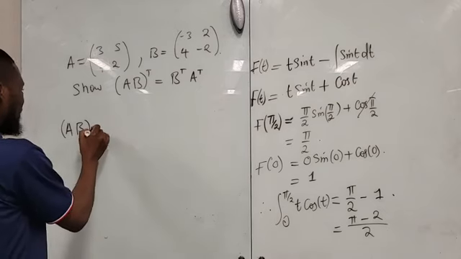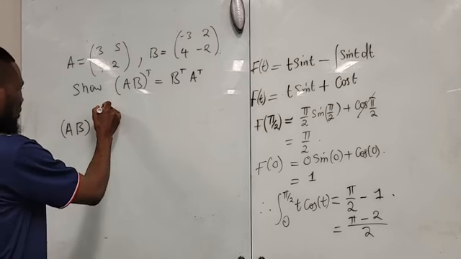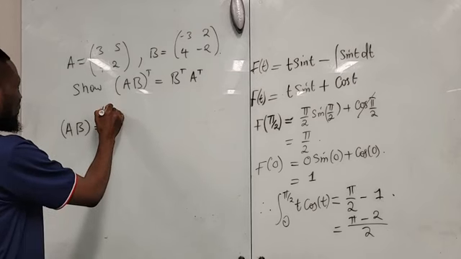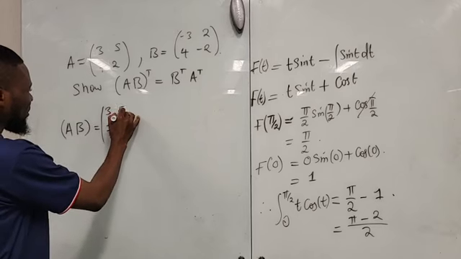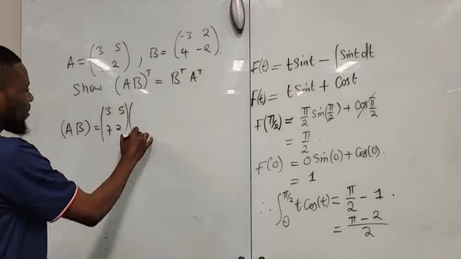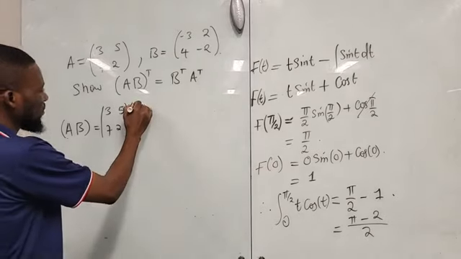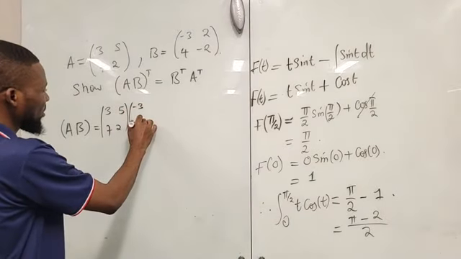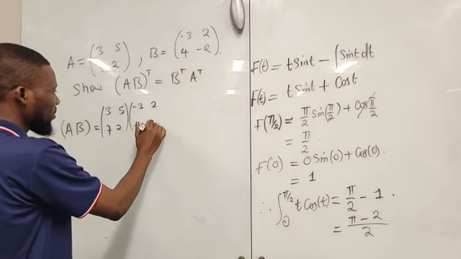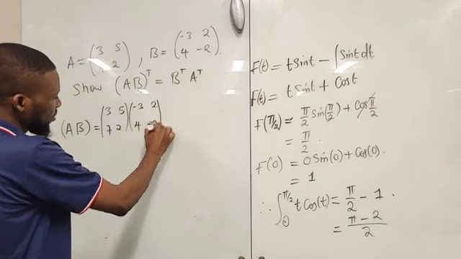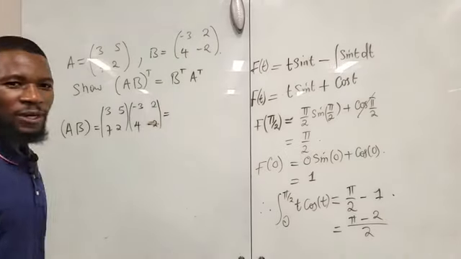All right, so what is AB? I will write this as 3, 7, then 5, 2, multiplied by -3, 4, and 2, -2, in that order.